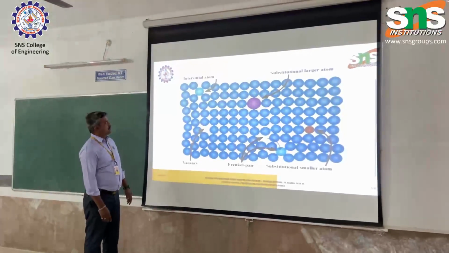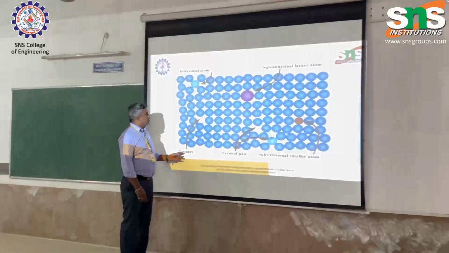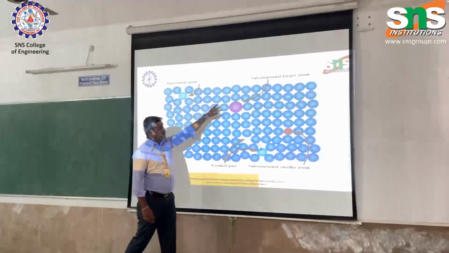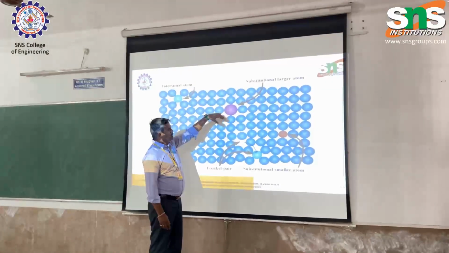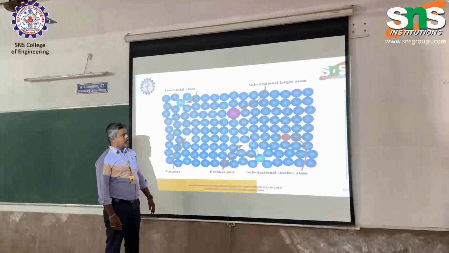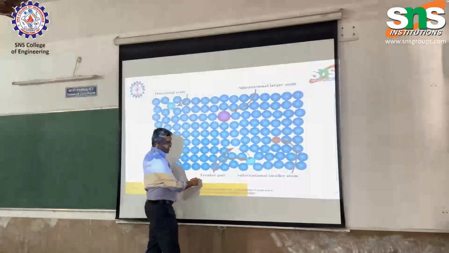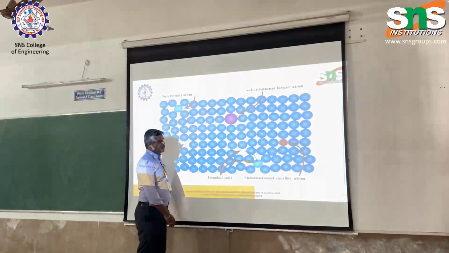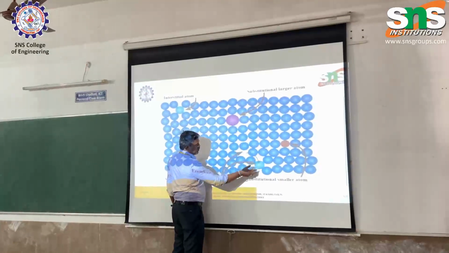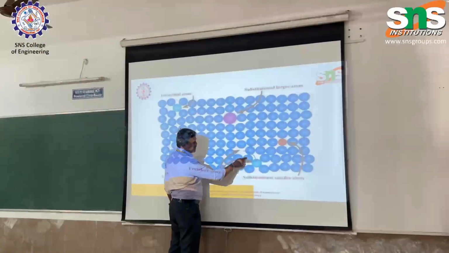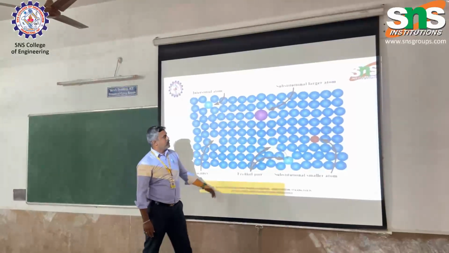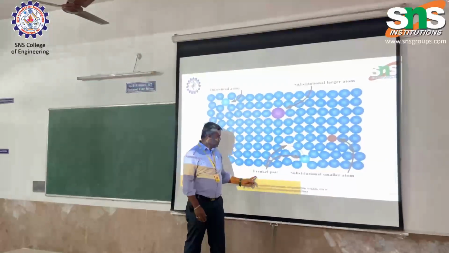The first is an interstitial atom, then a vacancy, then a new atom, then a substitutional larger atom. When the arrangement of atoms in a lattice becomes irregular, we call it a defect. Then there are the Frenkel pair and the substitutional smaller atom. The Frenkel pair means a new impurity atom is formed between two lattice planes in the interstitial position.